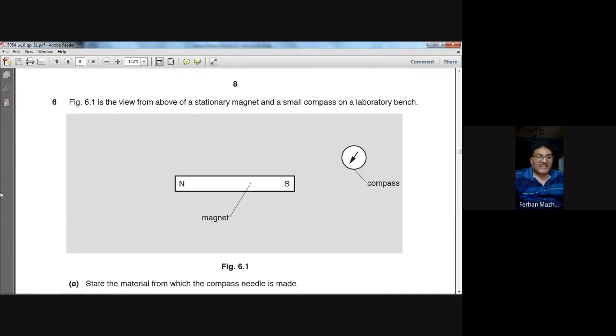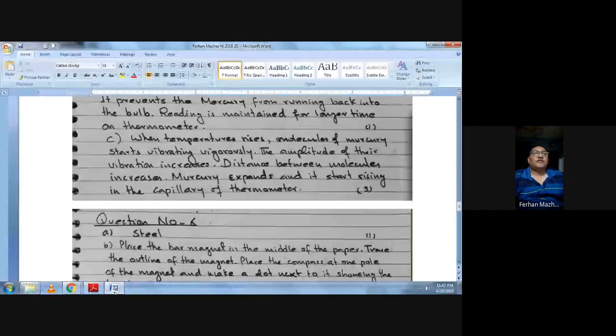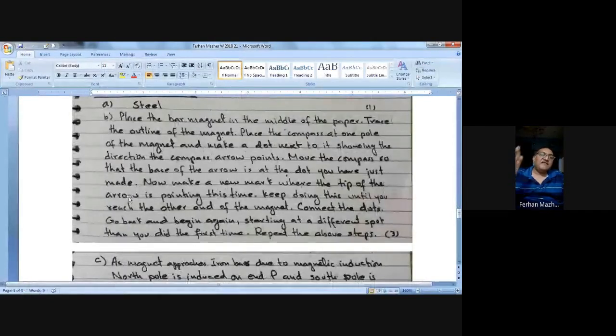I have written this answer also. Let me read that answer to you. It's a very, very famous question. This question comes in theory paper, paper 2. This particular question also comes in the ATP paper. Let us read the answer.